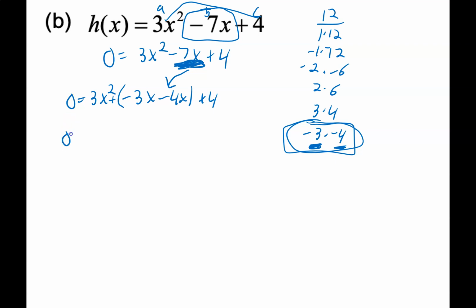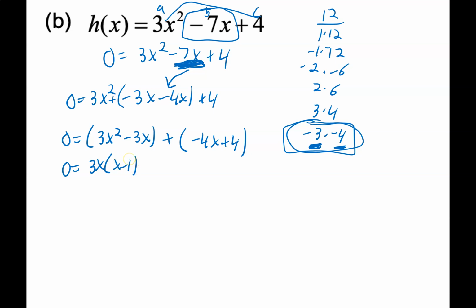Now we do it by grouping. So I'm going to group the 3x squared and the negative 3x together, plus the other group will be negative 4x plus 4. What does each group have in common? Well, this one has a 3x in common, leaving me with x minus 1. What do these guys have in common?